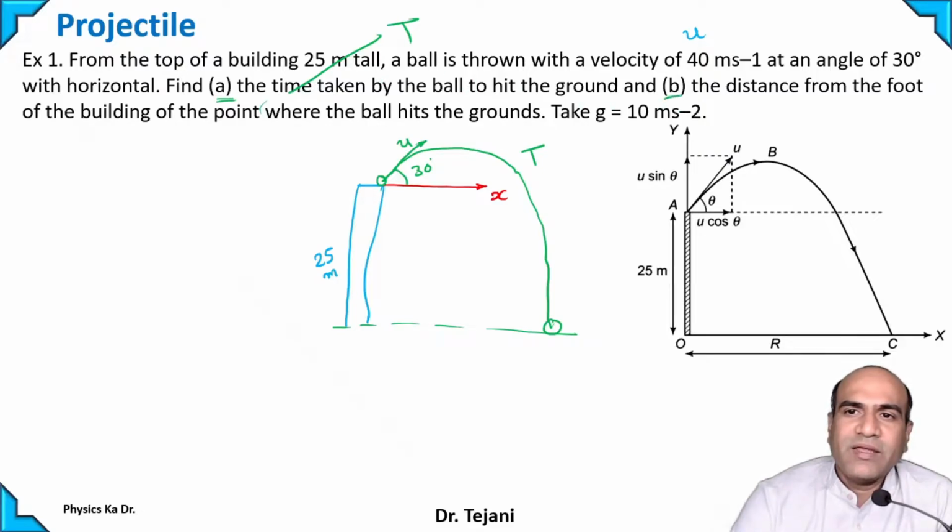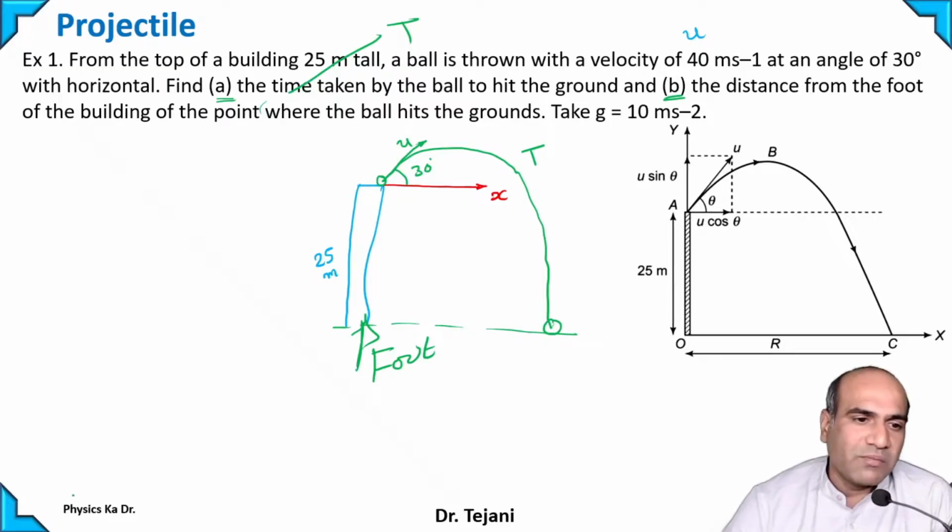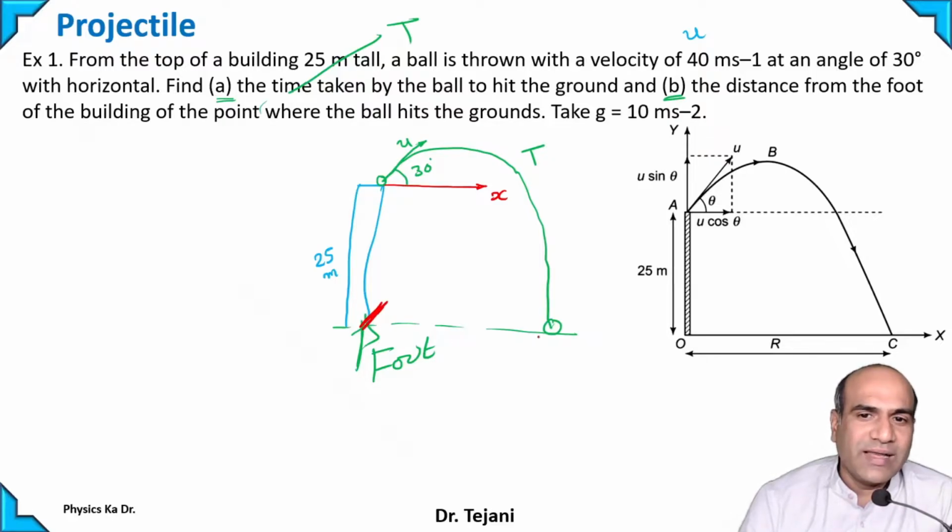Second one, B: the distance from the foot of the building to the point where the ball hits the ground. This is the foot, or base, of the building, and this is the position on the ground where the ball hits.